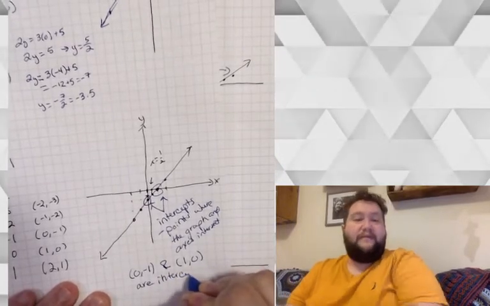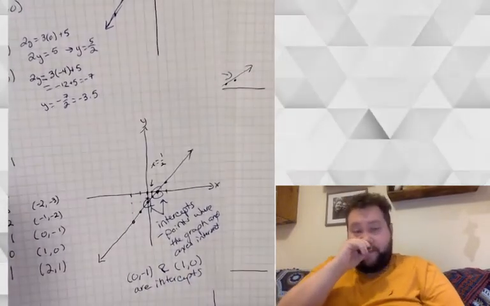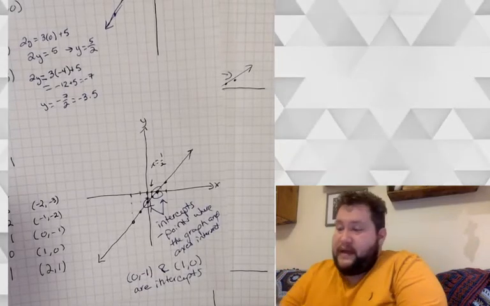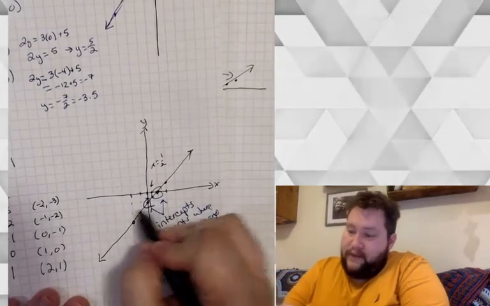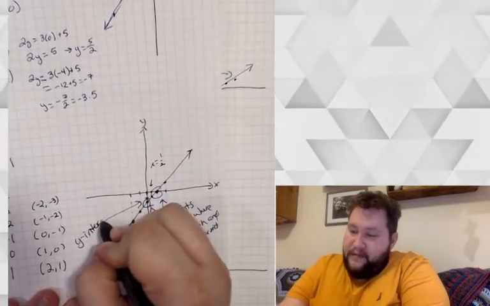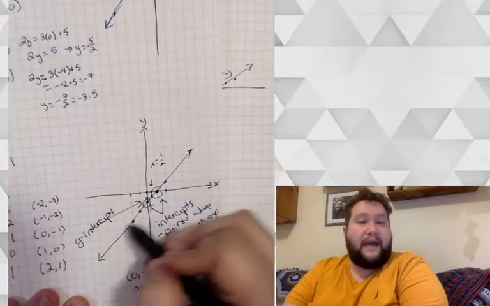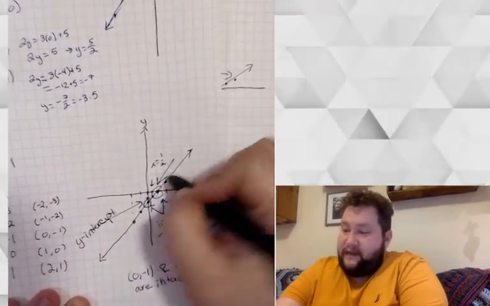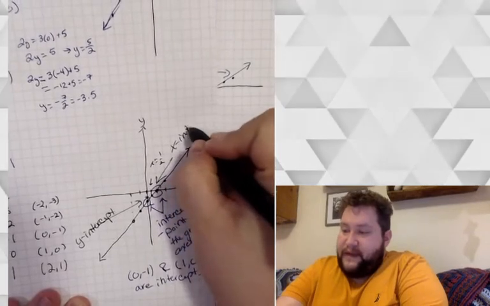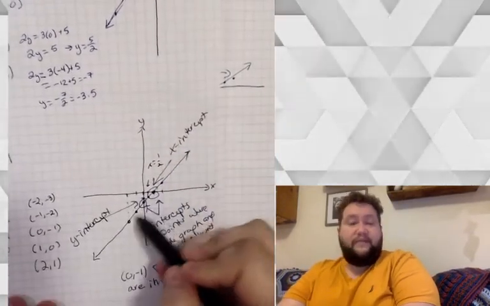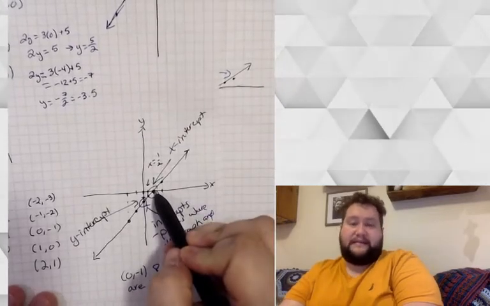And something else that is important to know is we can specify x-intercepts and y-intercepts. And so this one on the left is called a y-intercept because it's where this graph hits the y-axis. And this one is called the x-intercept, because that's the point where our graph intersects with the x-axis.